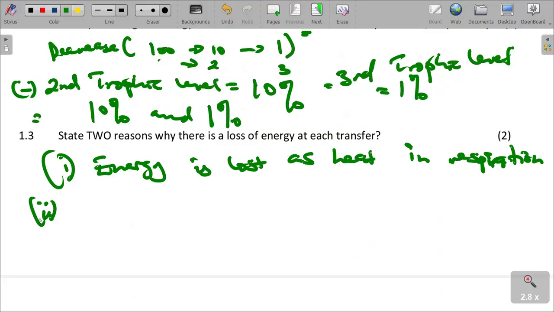Two, what can we say again? Energy is lost in waste products.